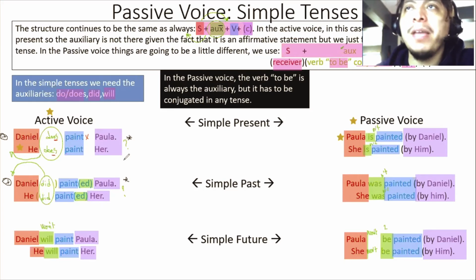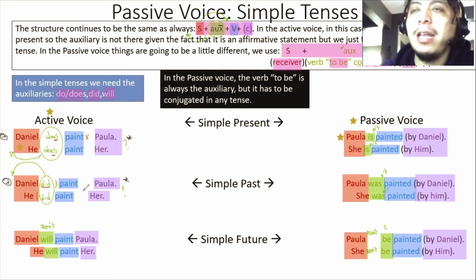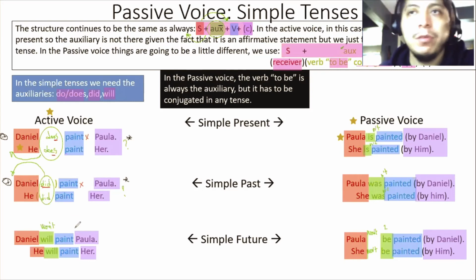Does he paint her? Did Daniel, again, in this case it is the same thing, because we have the auxiliary, we don't need the verb to be in the past. Did Daniel paint Paula? Remember, when we have the auxiliary, it is telling the past, so we don't have to change the verb. Did Daniel paint Paula? Did he paint her? That's it.